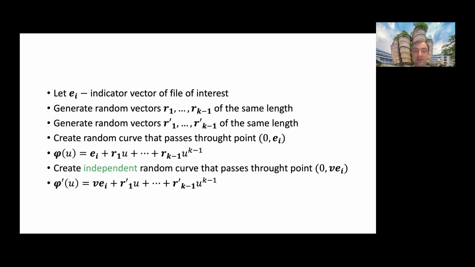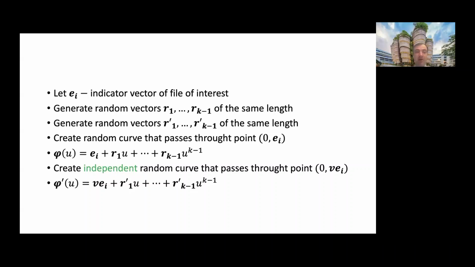How to do so? Very simple. Let EI, as before, be the indicator vector of the file of interest. Here we generate two sets of random vectors, R1 till Rk minus 1, of the same length as EI, and R1 prime till Rk minus 1 prime, also of the same length as EI. We first generate a random curve that passes through the point 0, EI, and to do so, we use the first set of random vectors.